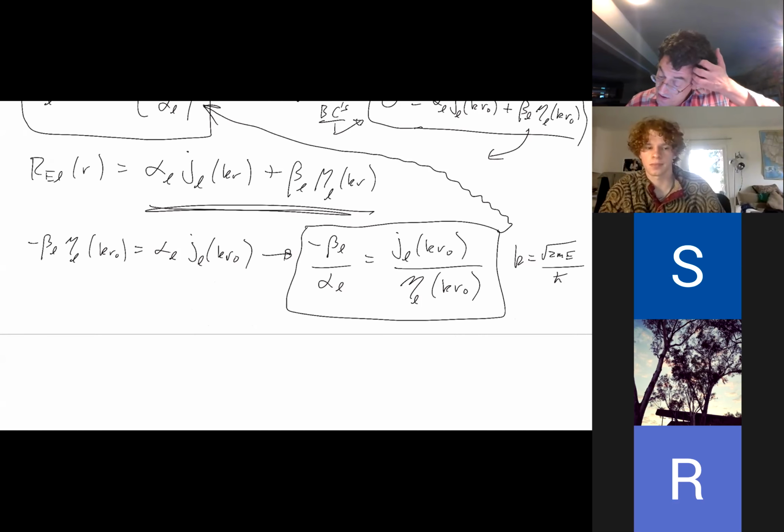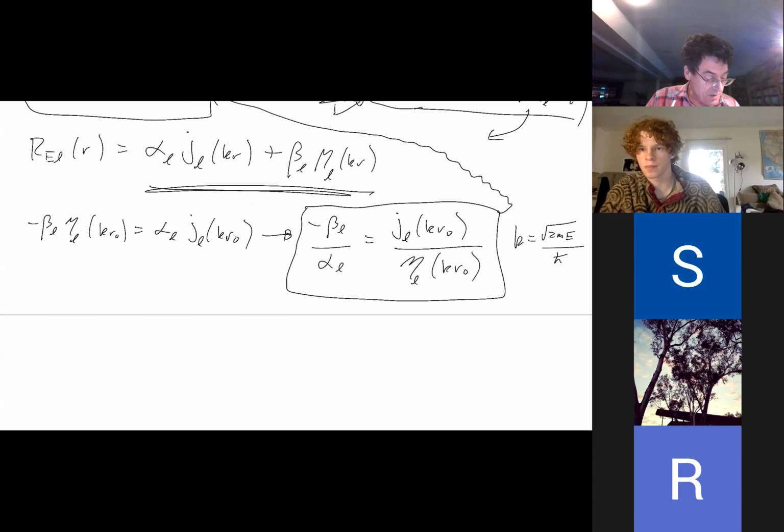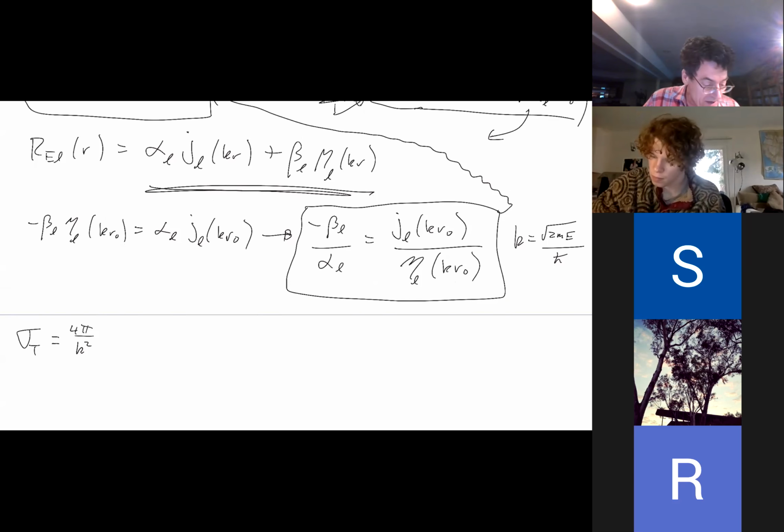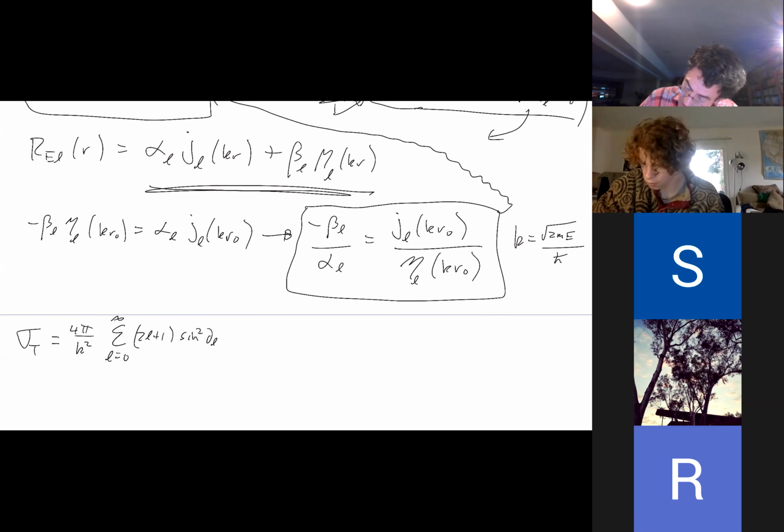Okay, so there you have it. But let's keep going. So now we've calculated the scattering phase shift. And so now we know that the total cross section is really simple, because the total cross section for the hardball scattering is going to be 4 pi over K squared times the sum from L equals 0 to infinity of 2L plus 1, it's just the formula that we derived, sine squared delta L, where delta L is this, right?